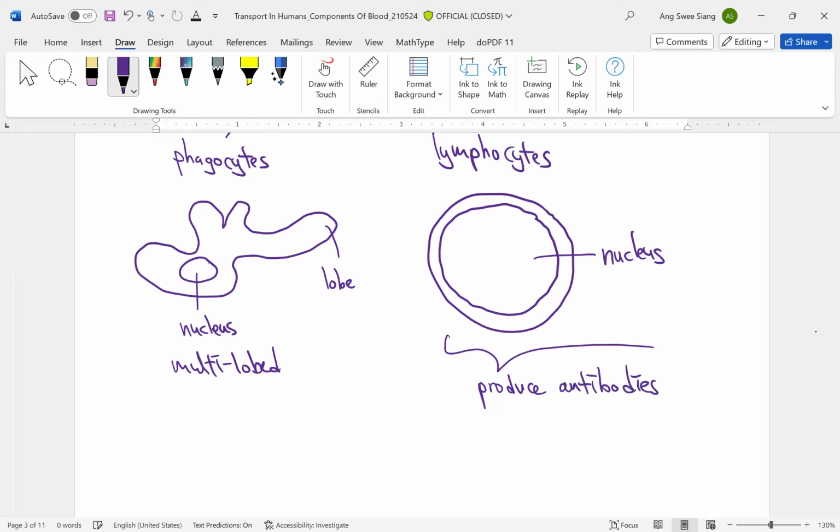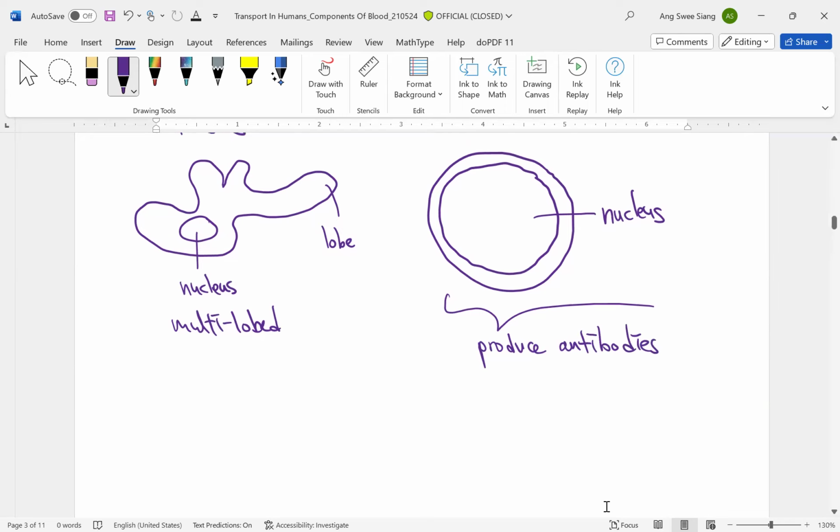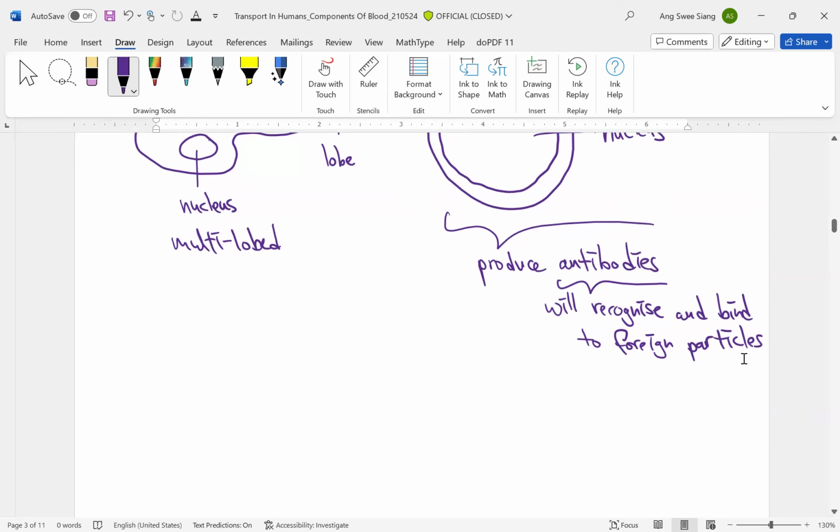Now, these antibodies will recognize and bind to foreign particles. When the antibodies bind to the foreign particles, they will cause the foreign particles to clump together.